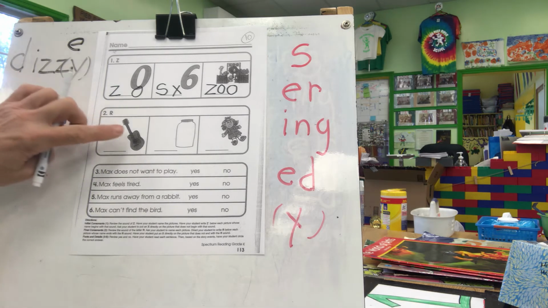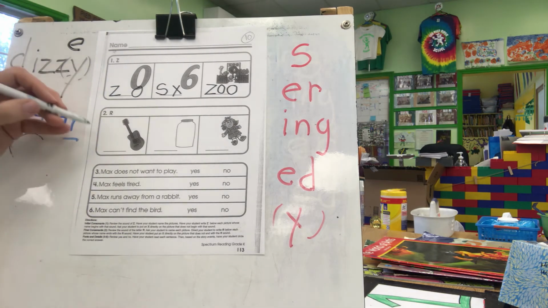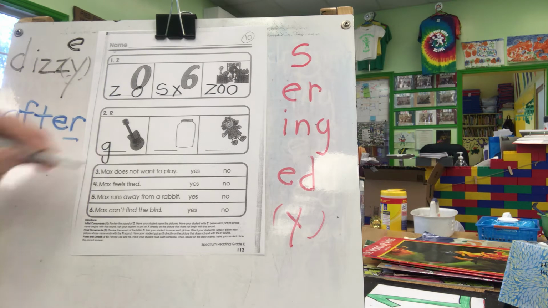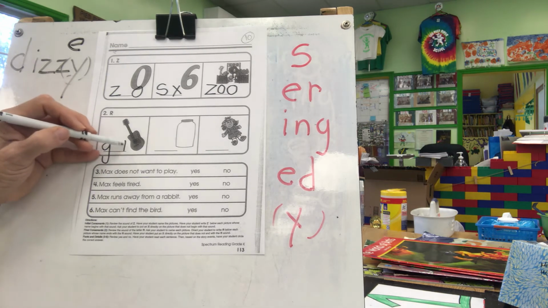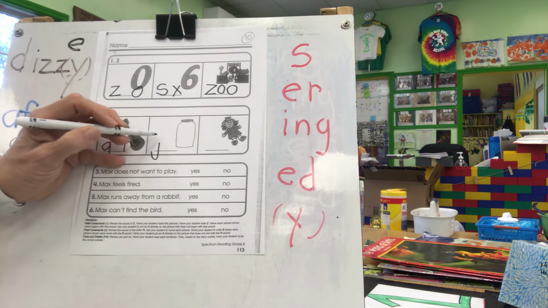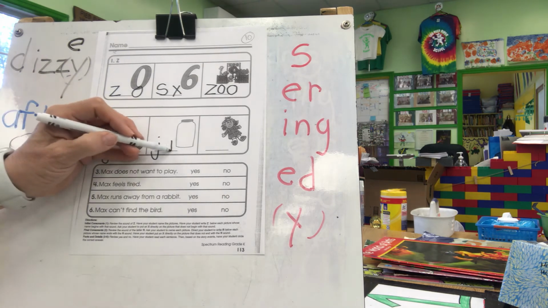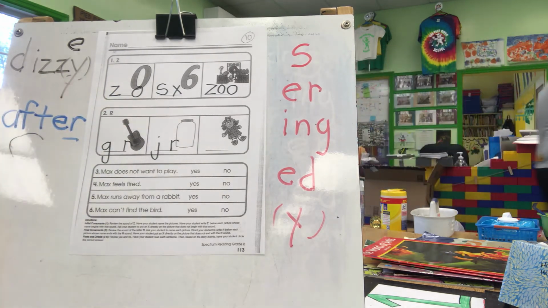The next pictures are on line 2. That's a guitar with a G. Guitar. Hear the R at the end? Guitar. The next one is a jar. Begins with a J, and it has an R at the end, just like guitar. Jar.